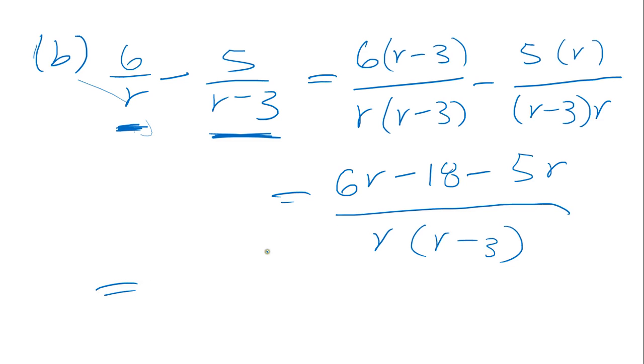Simplifying, that's going to be r minus 18 over r times r minus 3. And that doesn't simplify any further. Let's see, does it? Right, that doesn't simplify any further, so that's all we have.